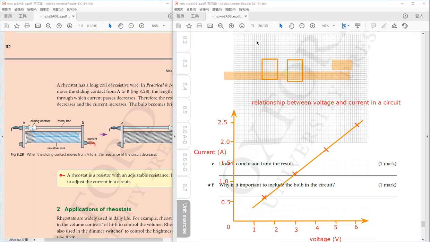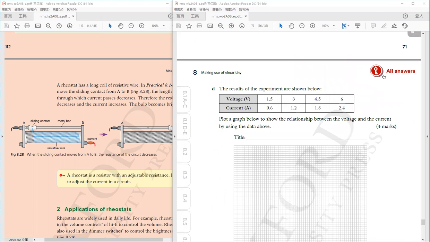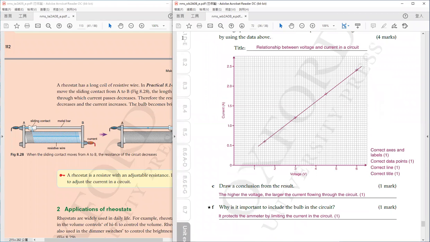From this graph, what do you know? The higher the voltage, the higher the current. When voltage increases, you also understand that the current also increases. So the larger the current flowing through the circuit.